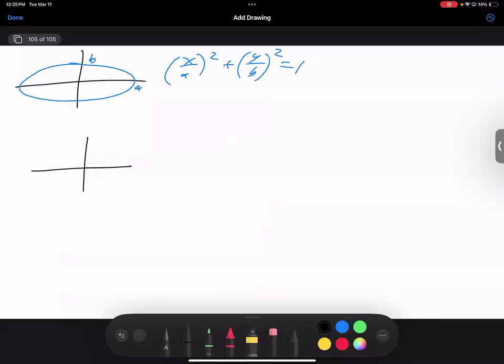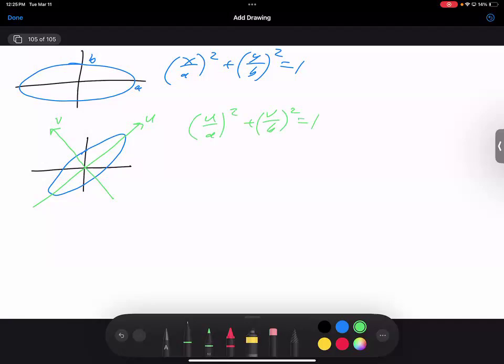Beyond high school, however, people become nasty and say, well, what if I give you an ellipse that's not aligned with the coordinate axes? Then what you say is, well, it's really not a big deal. All I have to do is just go at an angle. And in this uv space, it's (u/a)^2 + (v/b)^2 = 1.